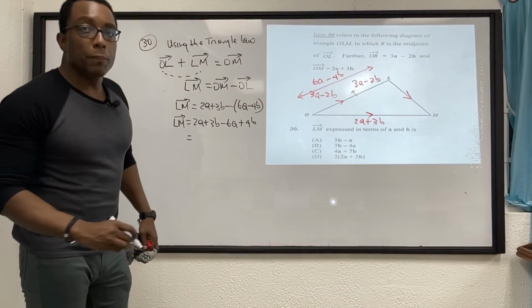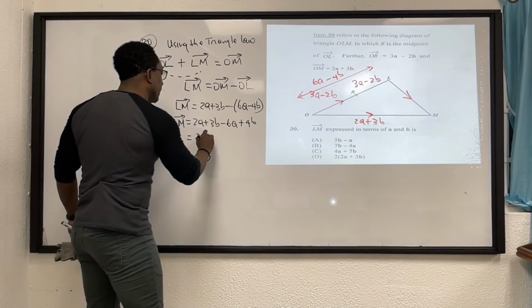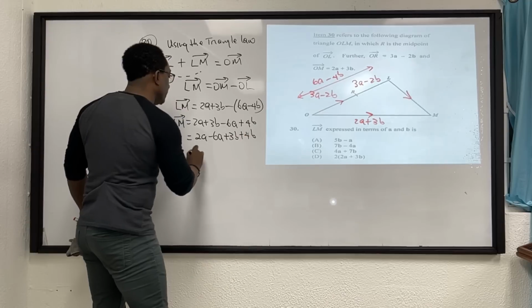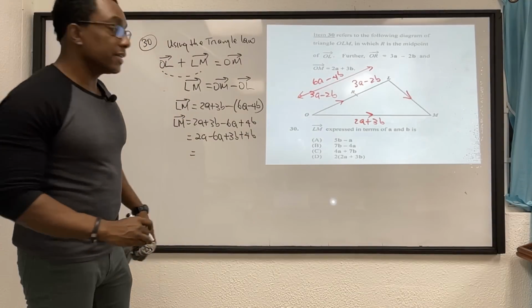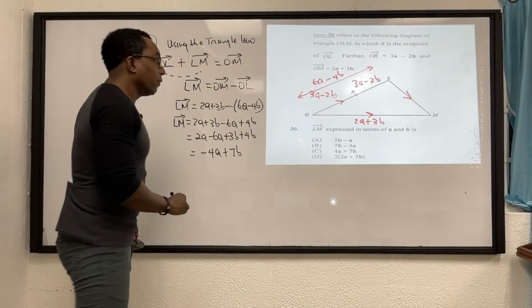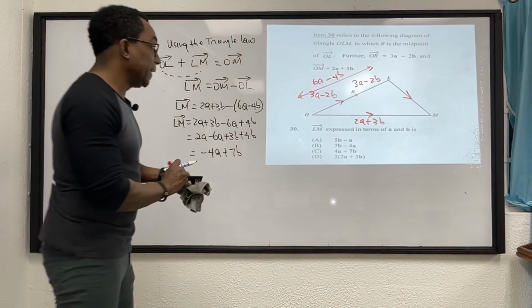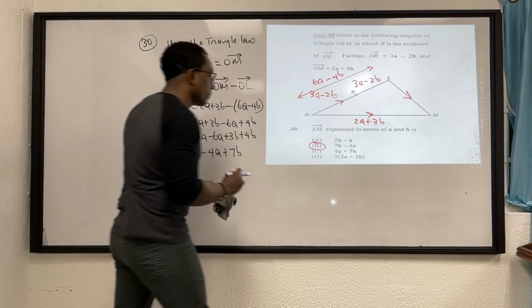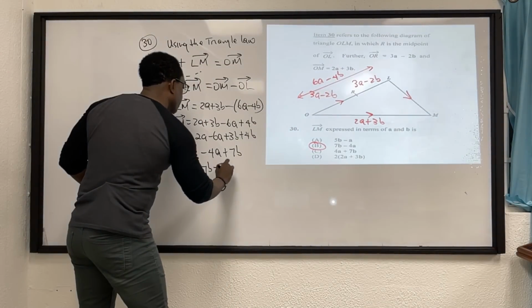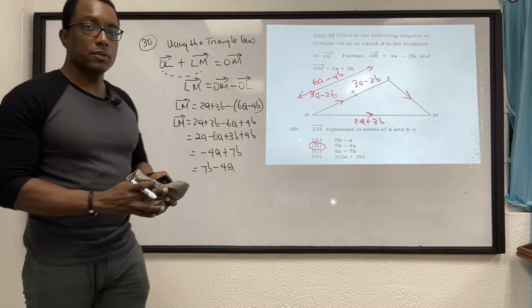And we can now group like terms to give us 2a minus 6a plus 3b plus 4b, and that becomes negative 4a plus 7b, or as stated in the answer, we can rewrite it as 7b minus 4a. That's the answer for 30.